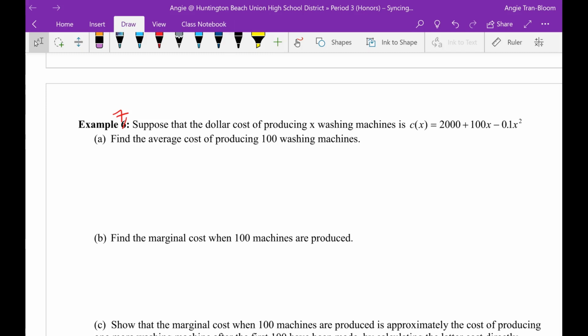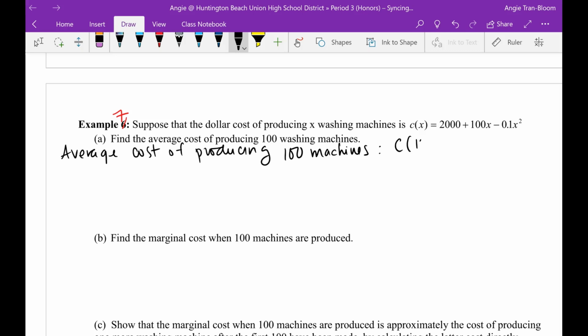So I'm going to write down the average cost. Let's find that first. Average cost of producing 100 machines: I'm going to take the cost of 100 machines and then divide it by 100. So let's find what the cost of 100 machines is.